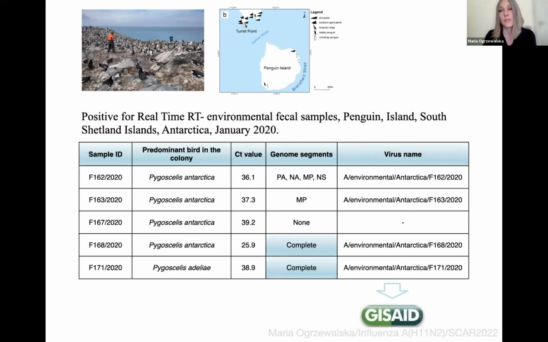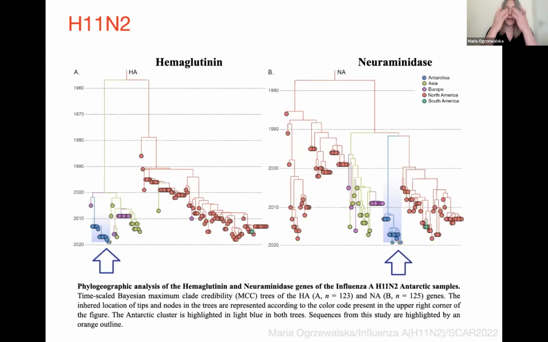All those sequences we deposited in GISAID, the site where we deposit all influenza viruses. What kind of analysis did we make to discover what kind of virus it is? We performed a phylogenetic analysis.